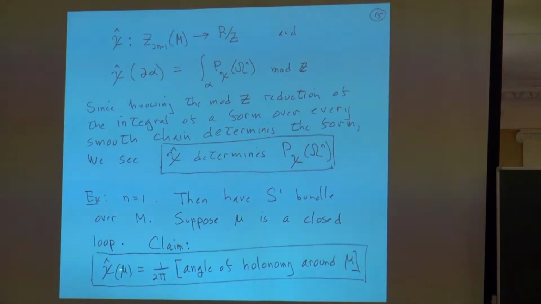Chi hat of mu. Well, it's going to be nothing but the angle of holonomy. Okay? We have a connection in this circle bundle. You go around, you come back, you twist through an angle, normalize that by 2 pi, and that's what this is. And let's prove that because it's very, very simple.